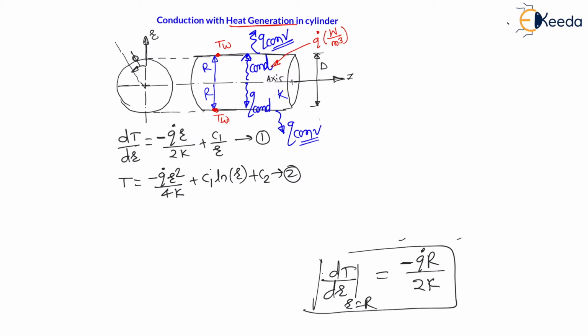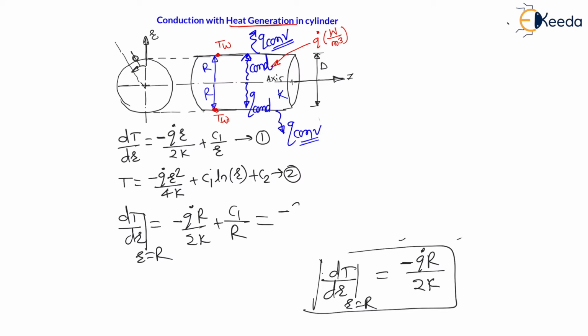Now, my dear students, from equation number 1, dt by dr whenever small r is equal to capital R, putting capital R instead of small r, becomes minus q dot capital R divided by 2k plus C1 divided by capital R, and this is equal to, from the boundary condition we have derived, minus q dot R divided by 2k. Let us equate.